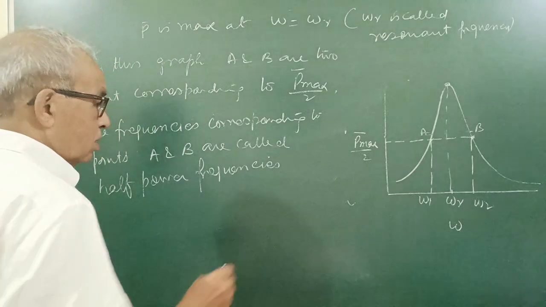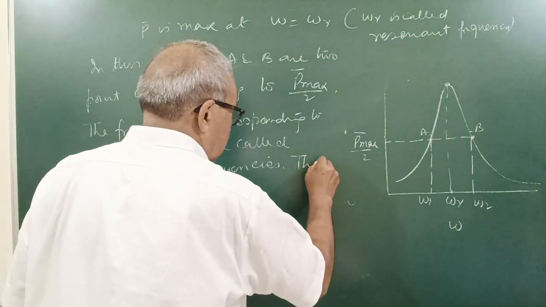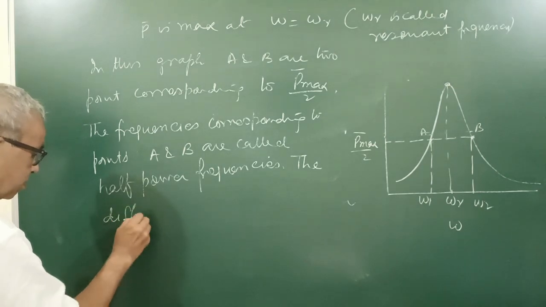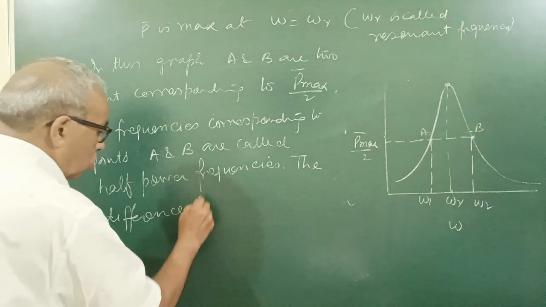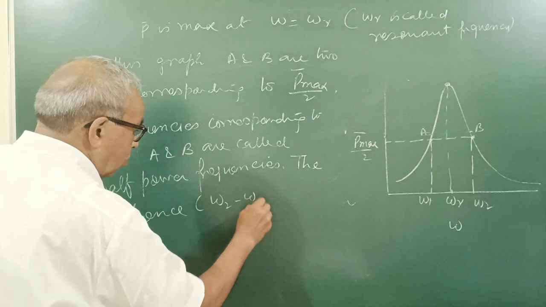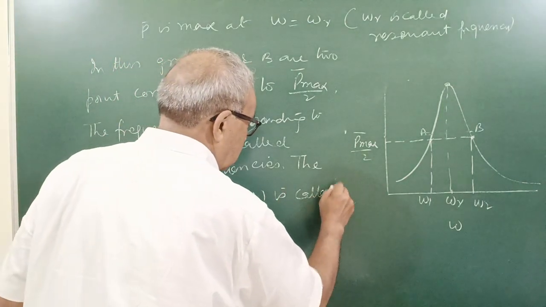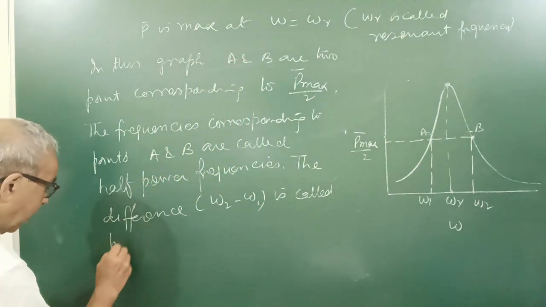And the difference omega 2 minus omega 1 is called bandwidth.